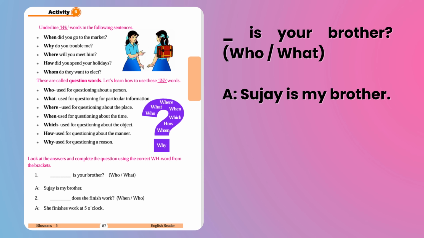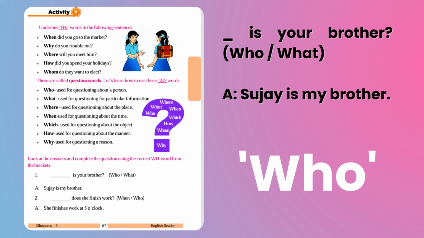Sujay is a person's name. Since we want to know about a person, the correct WH word is who. So, the complete question is who is your brother? This is a simple question about identifying a family member, like in My Sweet Memories or Malika Goes to School, where family members are introduced.